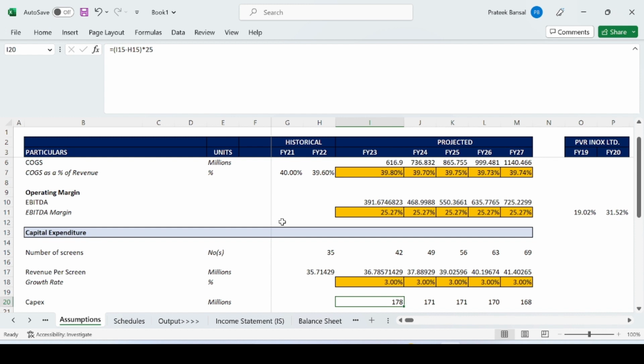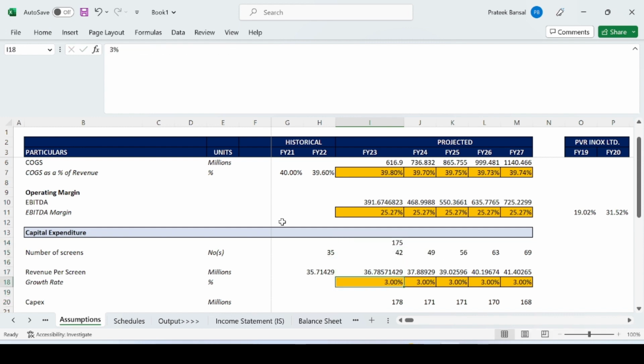But in the Cinepolis case study, our capex is only because of one thing, that is the increasing number of screens, from 35 to 42. So there is an additional capex of 7 screens, that is 7 multiplied by 25, which comes to around 175.